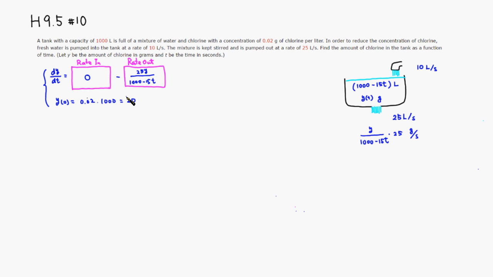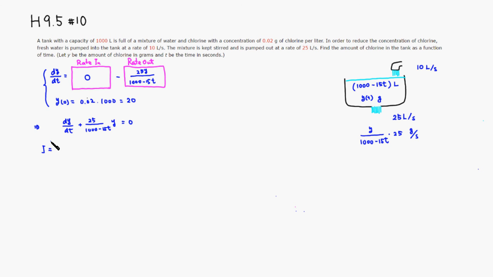So let's do this. First, I'm going to rewrite the equation as dy over dt, and move the term over to the other side, so it's plus 25 over 1,000 minus 15t, y equals 0.